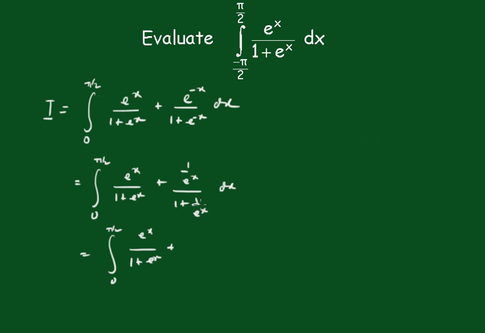Now, this will be e^x plus 1, and these e^x's will cancel. Should have 1 over e^x plus 1 dx.